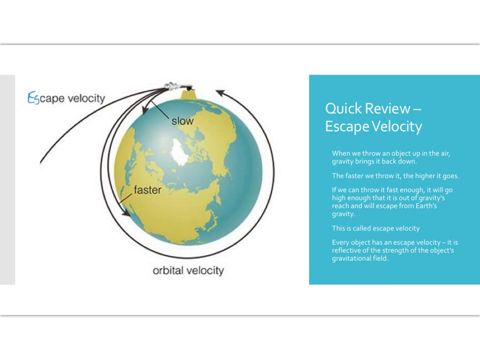In this picture, they're trying to illustrate that an object might be thrown first relatively slow, and you notice that that object actually does come down and it hits the Earth. If it's thrown faster, it still comes down, but it takes a lot longer. It gets much further, gets over here.